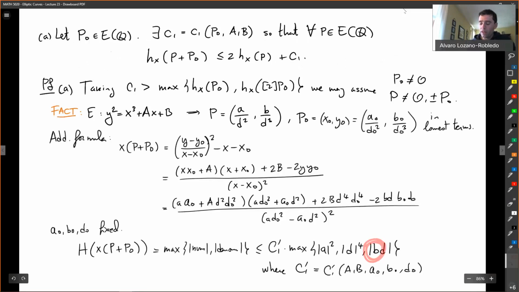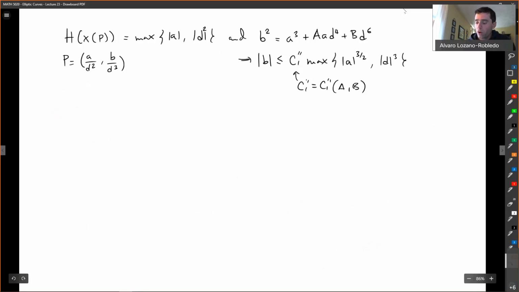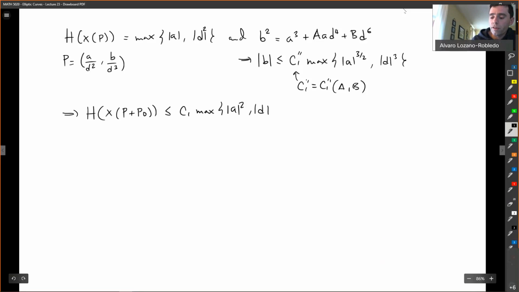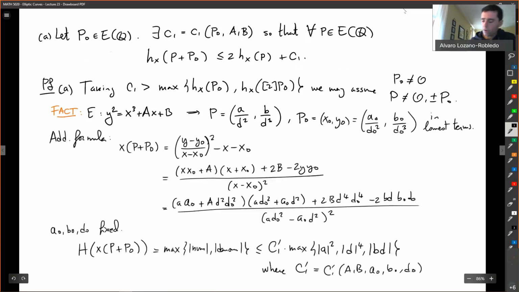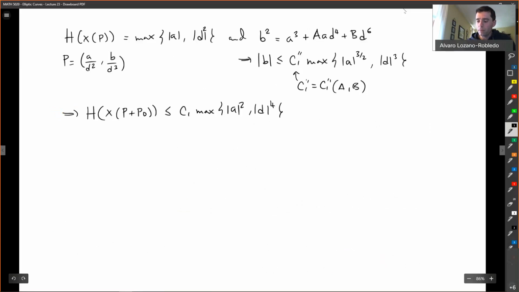There was an absolute value of B that I just want to write in terms of A and D. So I can use this new equation to write that the height of x of P plus P naught is less than or equal to C1 max of A squared times D to the fourth. And it doesn't depend any longer on B times D. If you see that B is bounded by this, then this is bounded by D to the fourth or by A squared.